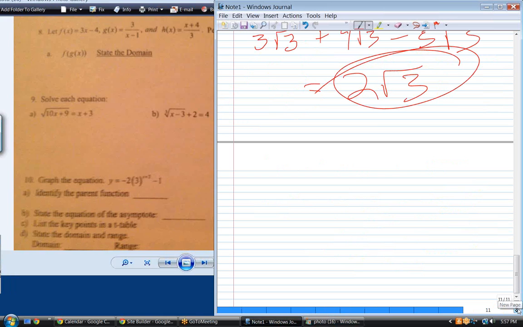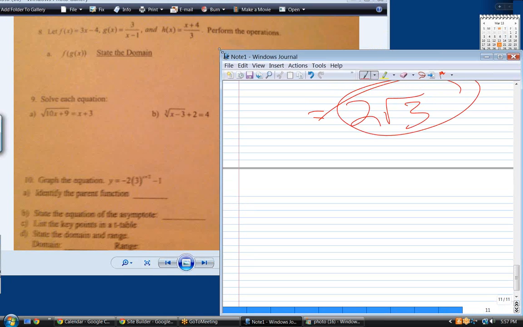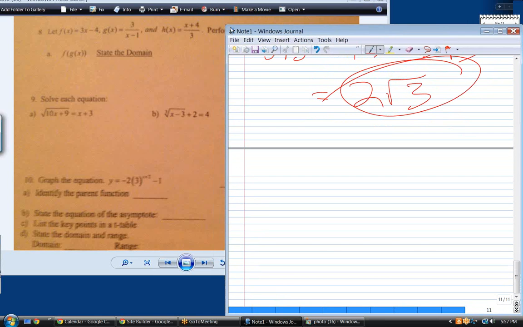What is f of g of x, first of all? Let's do it step by step. So what am I really taking f of? 3 over x minus 1. Okay, and f of x is 3x minus 4. So f of 3 over x minus 1 would be what?